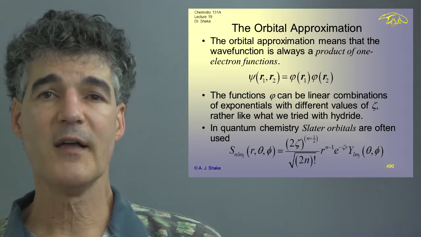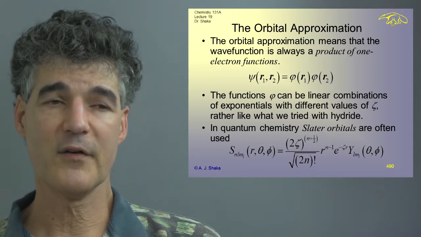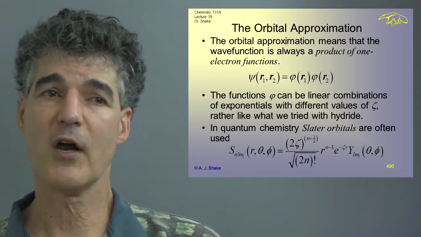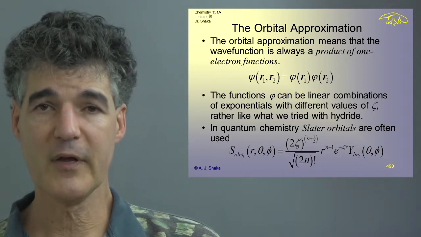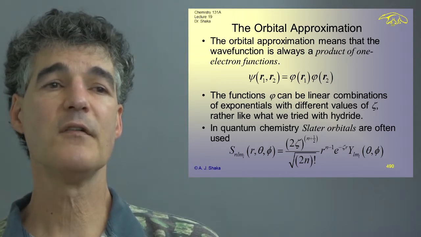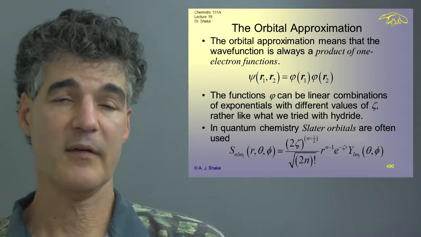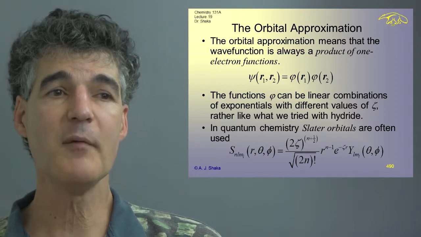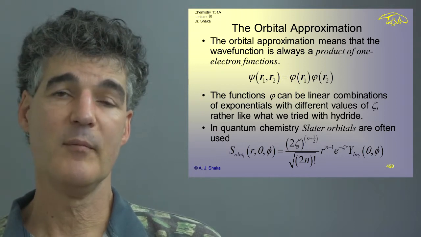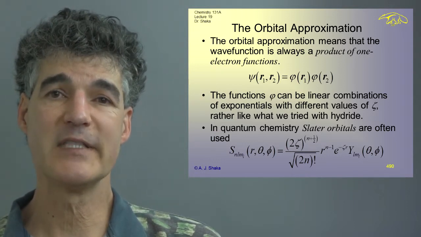Instead then, let's write psi of R1, R2 equal to some function of R1 times some function of R2. And the functions themselves can be anything. They could be hydrogen-like orbitals, or anything we dream up. They can be orbitals with different values of zeta.